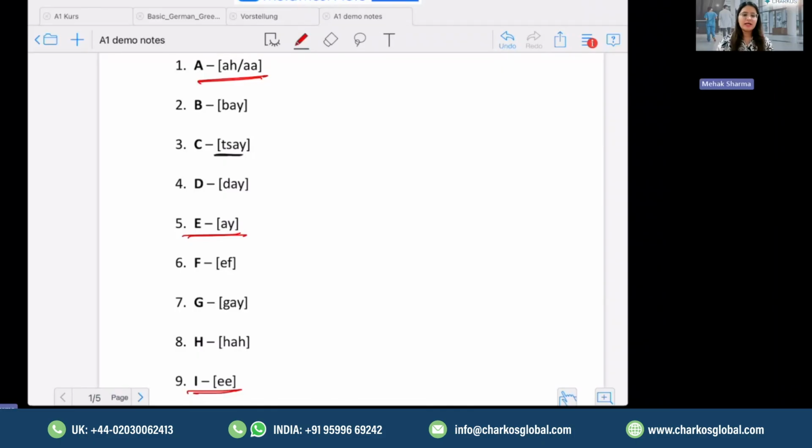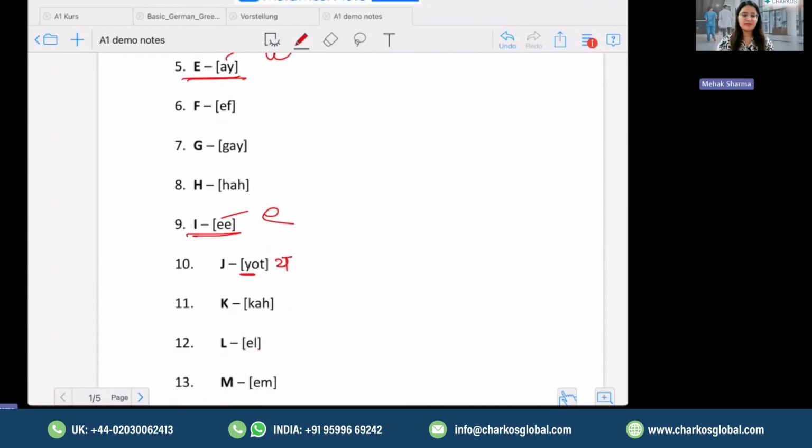For example, A is A, but E is A. So we can say that this A is just like A of English. And then I for ice cream of English is sort of E for elephant, but slightly a stretched one, E. Okay, so please remember this.